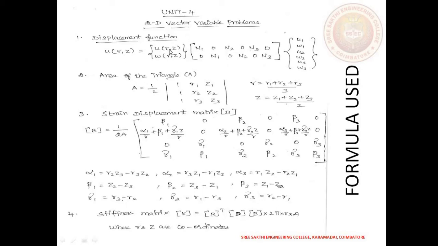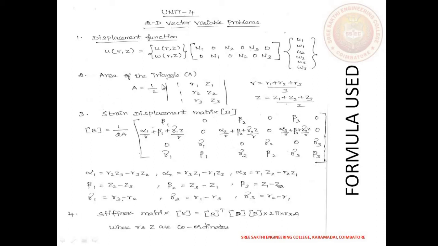So u of r comma z, w of r comma z equals the matrix n1, 0, n2, 0, n3, 0; 0, n1, 0, n2, 0, n3. Here n1, n2, n3 are called the shape functions, and u1, w1, u2, w2, u3, w3 are called the displacements.